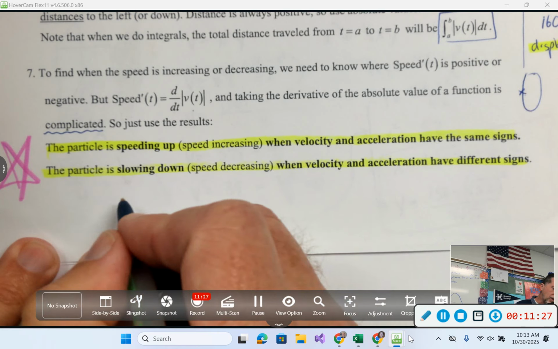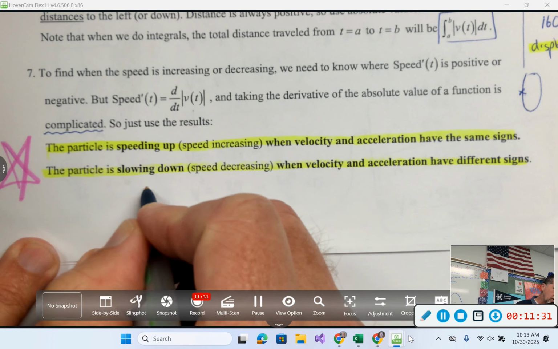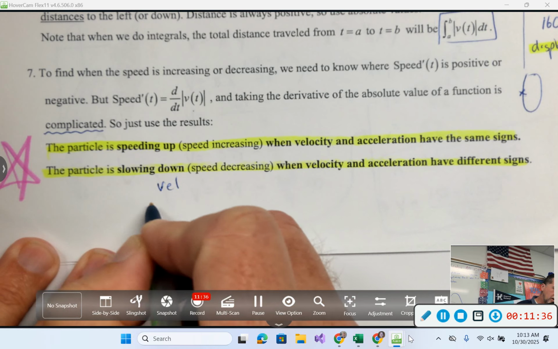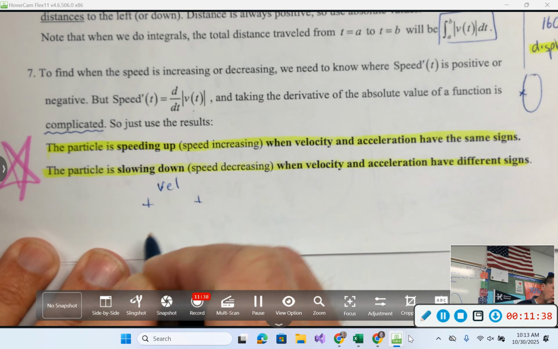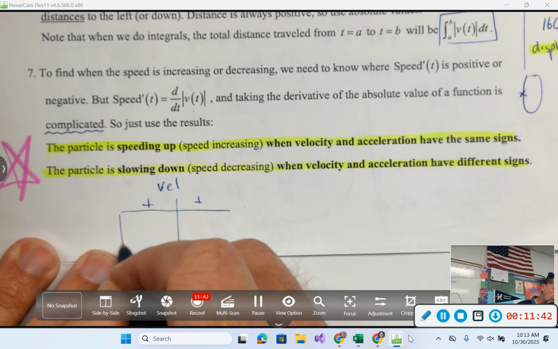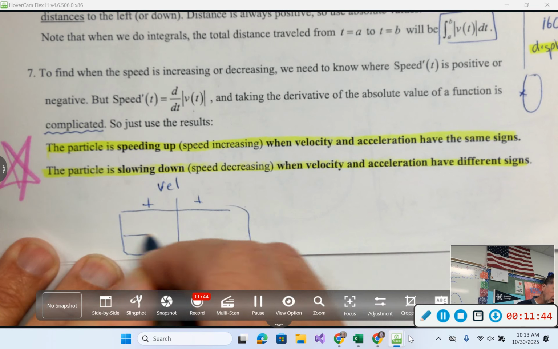So let's go with the easiest case first. I'm going to make it like a table here. See if we can think about what goes in the boxes here.